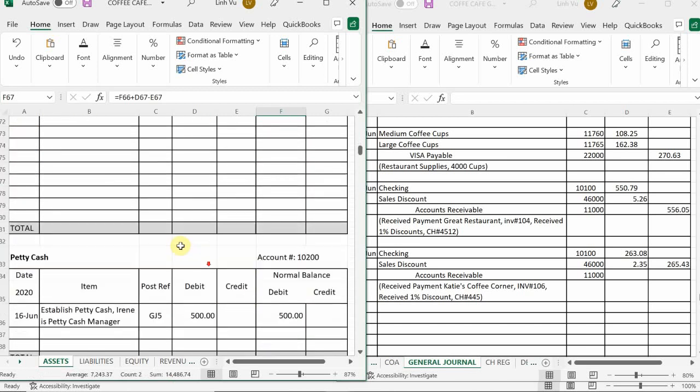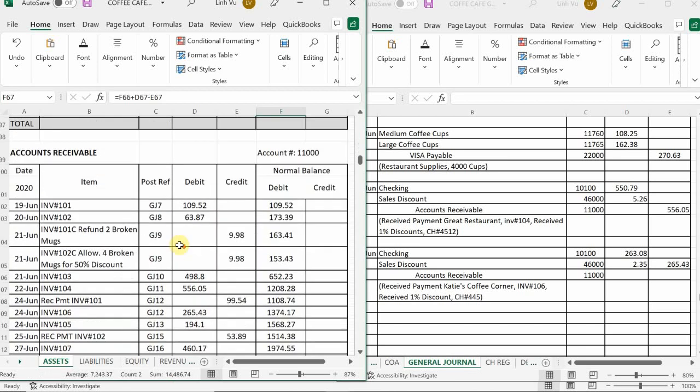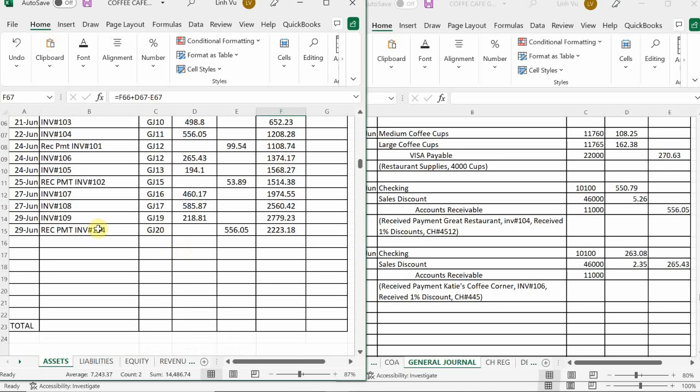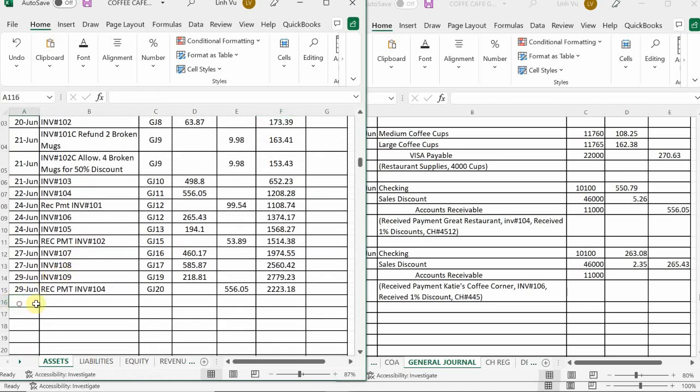Good. And I'm just going to go ahead and go straight to the accounts receivable here. To 265.43.